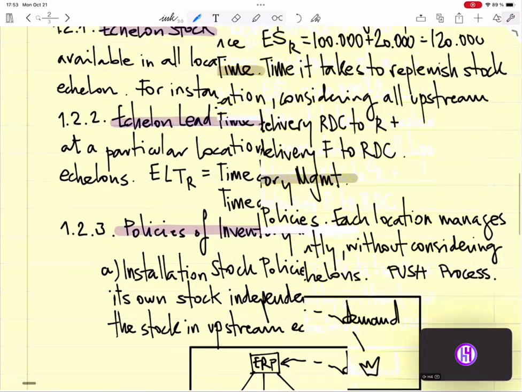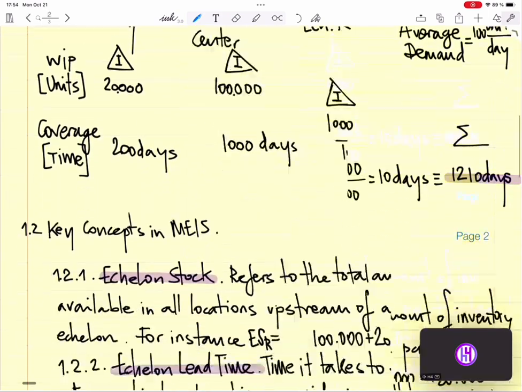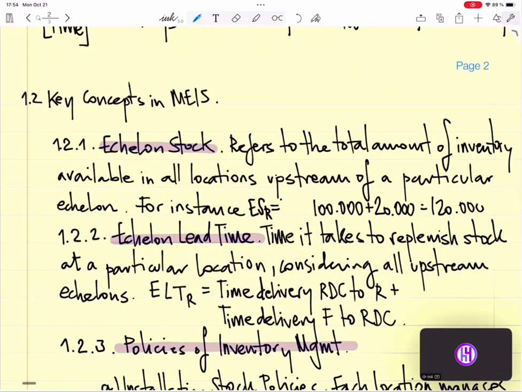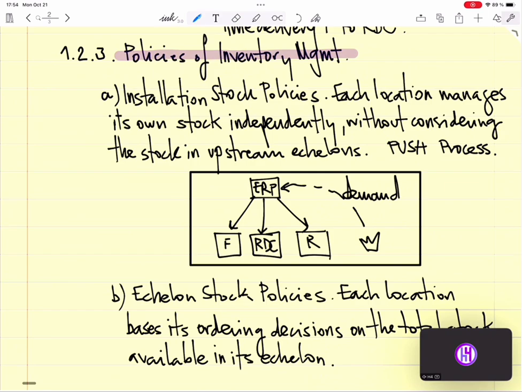I guess I should change this. Wait a second. I think this is more accurate. The echelon stock in the retailer is the stock at the retailer plus the upstream stock. Please correct that. I'm sorry about the trouble. Anyway, so we have two ways.